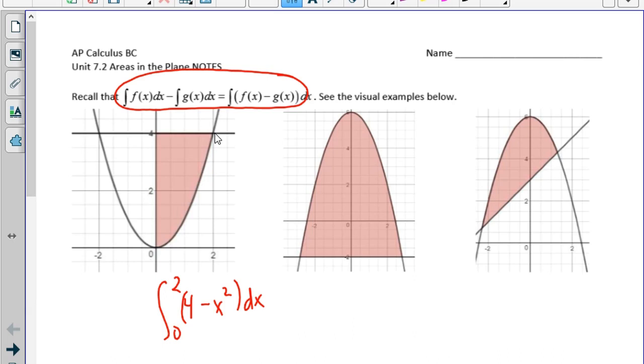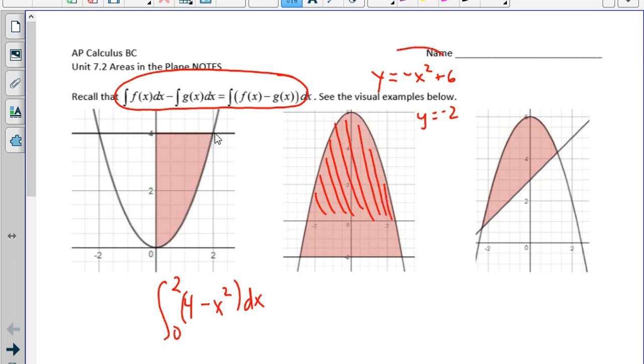Looking at the second example, this is y equals negative x squared plus 6 and y equals negative 2. What we used to be able to do was find the area under this by just integrating the first curve and then adding it to the negative of that integral because it's underneath the x-axis, and we would have been able to do that.